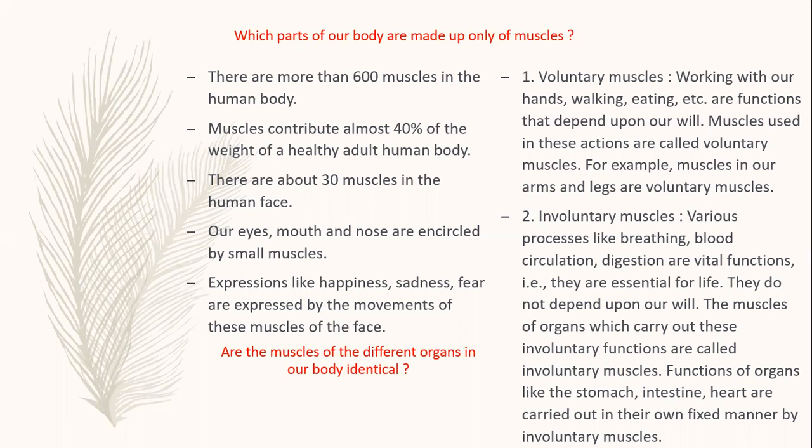For the function of digestion or blood circulation, which organs are involved? You have your stomach, you have intestine, you have heart, etc., and they have involuntary muscles, and hence they perform functions which don't depend upon our will, but they are vital for the body.